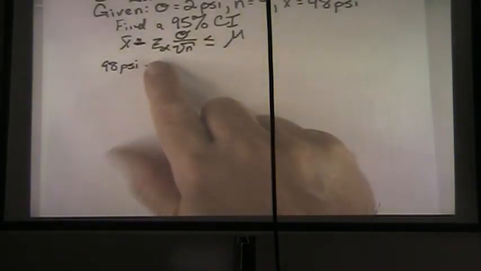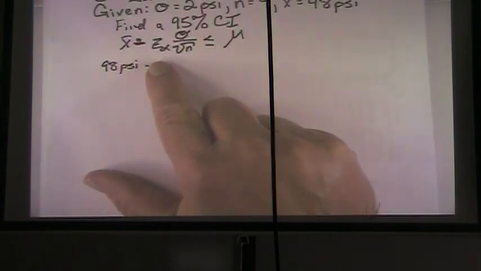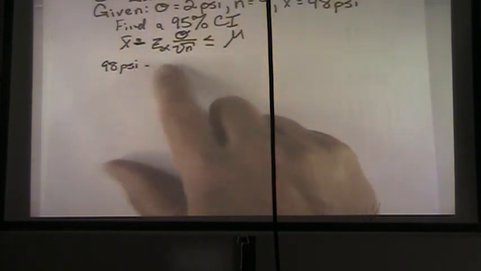So x bar is 98 psi, minus, now Z alpha for a 95% one-sided confidence interval, we already did the calculation, and that is 1.645 or 1.64 or 1.65.